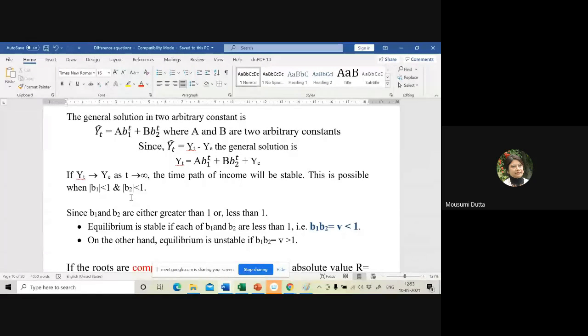When we get imaginary roots, we get them in terms of cos theta and sin theta, and we can relate the matter with a unit circle. We understand that we will have some fluctuations around a mean value, which will result in an oscillatory time path.